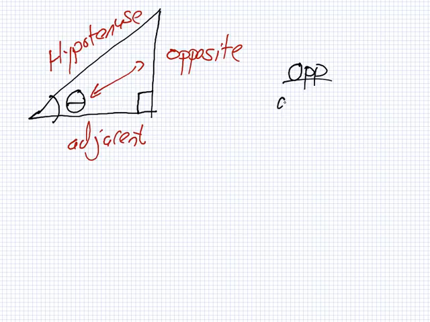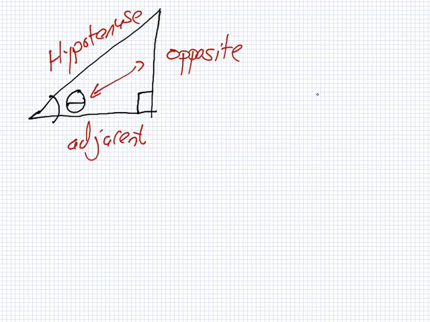Well, think about it like this. On the top, you could put opposite, adjacent, or hypotenuse, so you have three possibilities. How many possibilities for the bottom? 3. So in total, there's 9 possibilities.